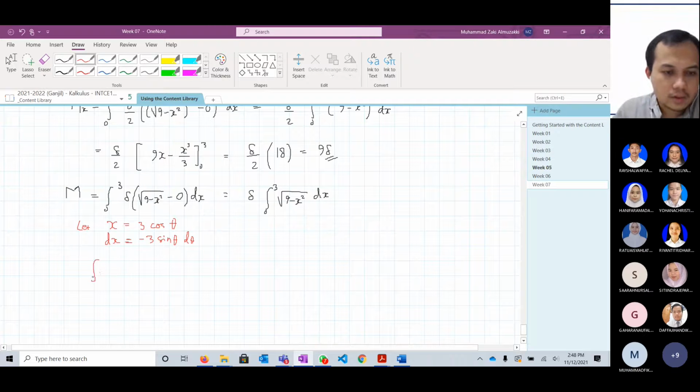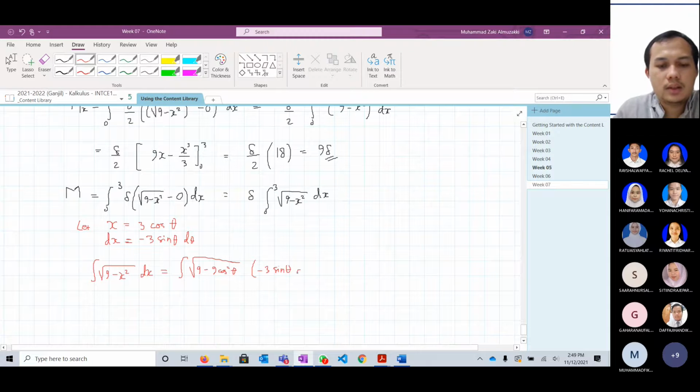So the integral of square root of 9 minus x squared dx is equal to the integral of square root of 9 minus 9 cosine squared theta, with dx becoming minus 3 sine theta d theta.